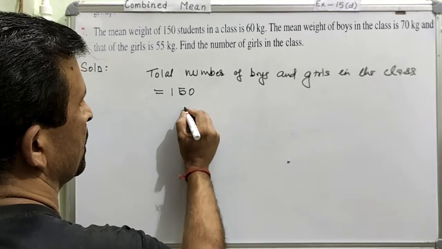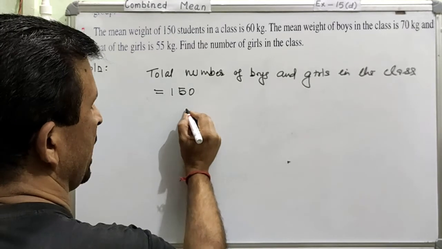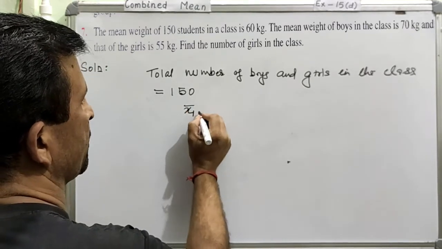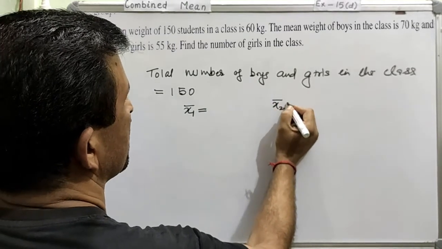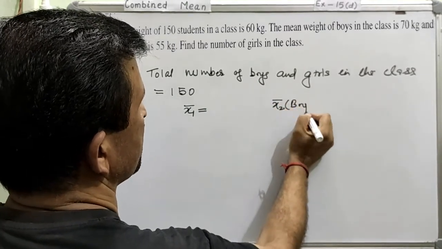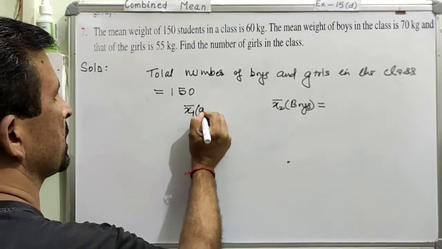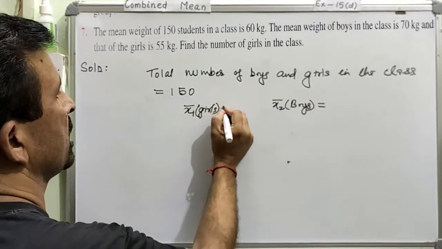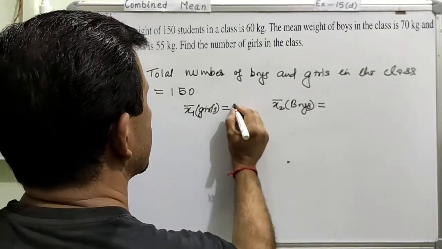So let us say x1 bar we will write for the girls, and x2 bar we will write for the boys. So the mean weight of the girls is given as 55 kg.